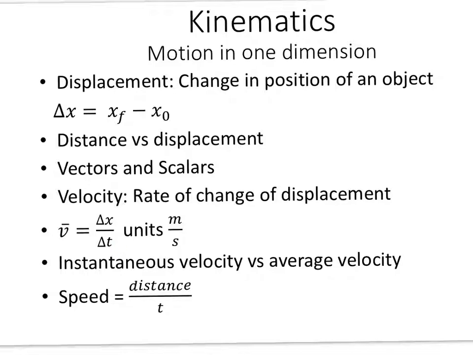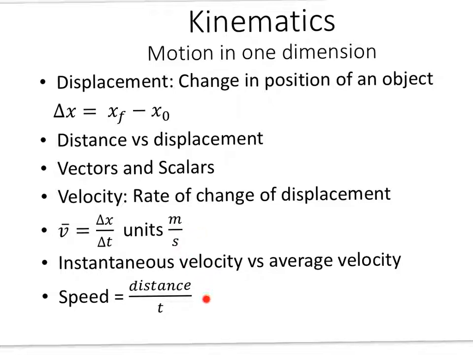Notice that little bar over the V there, that indicates that this is average velocity. Units are typically meters divided by seconds, although those units of displacement could be centimeters, kilometers, or whatever, but it's units of displacement divided by time.